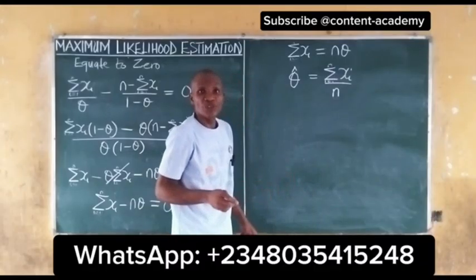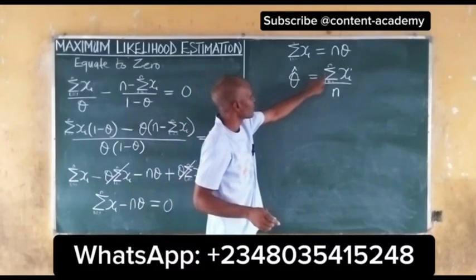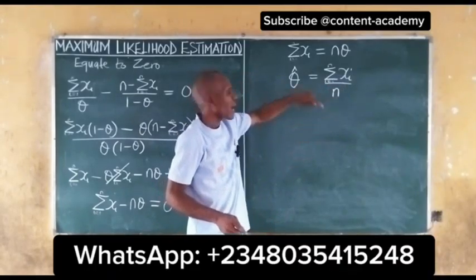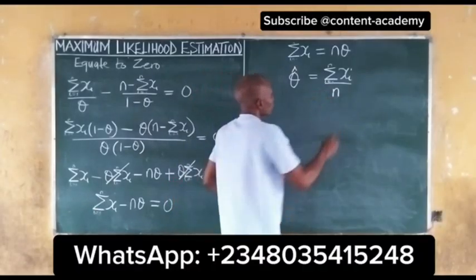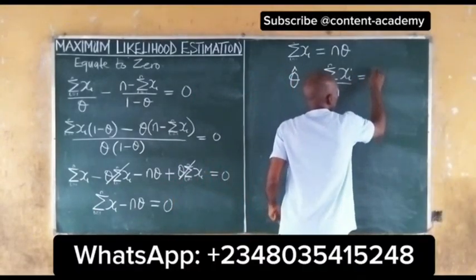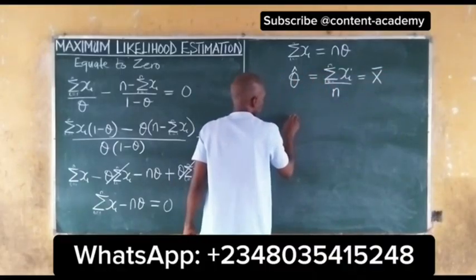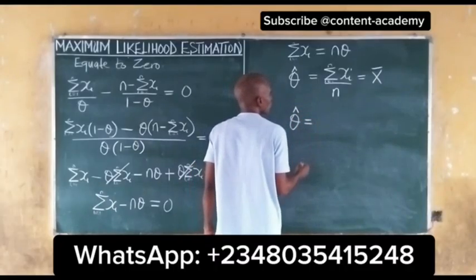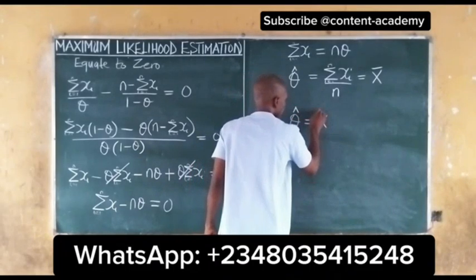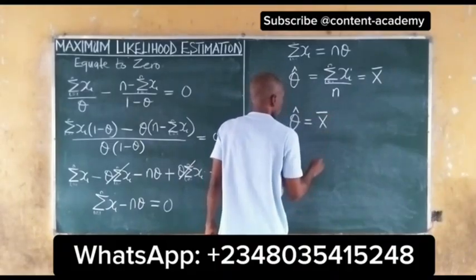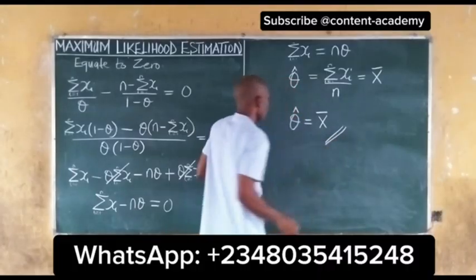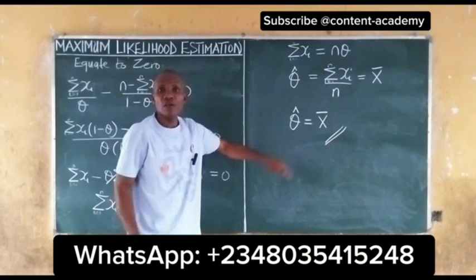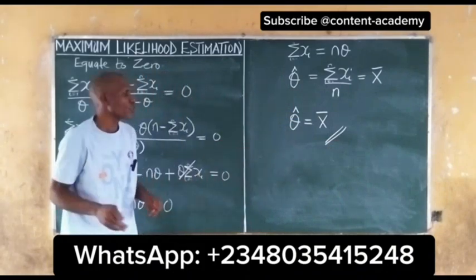Of course, we know that the summation of xi all over n is equal to our expected value, which is x bar. Then we can now write our theta estimate to be equal to x bar. So this becomes the maximum likelihood estimator for the Bernoulli distribution.